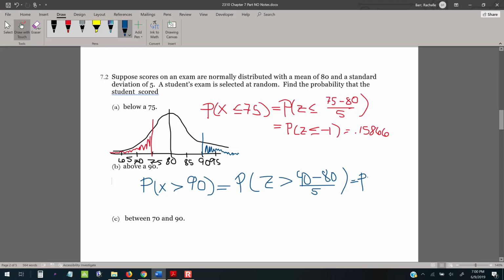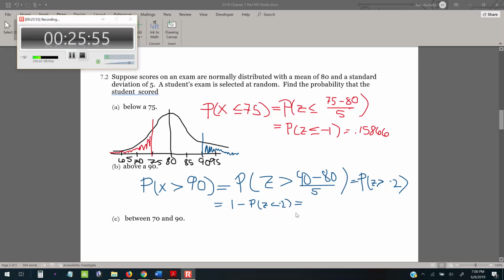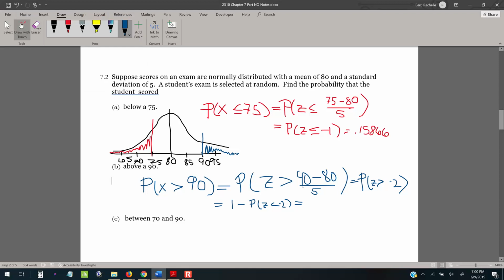So when you do that, you want the probability that z is greater than -2. Remember that from what we've seen so far, to do a z as a greater than, you need to do 1 minus instead. So I'll do 1 minus z is less than -2. So I'm going to look up -2 on the table.